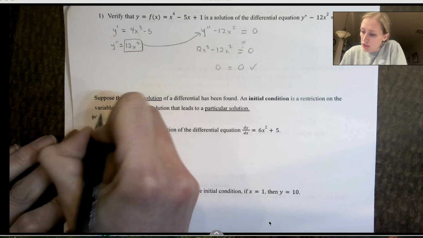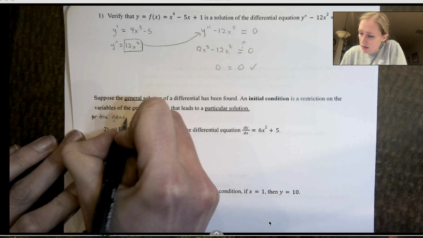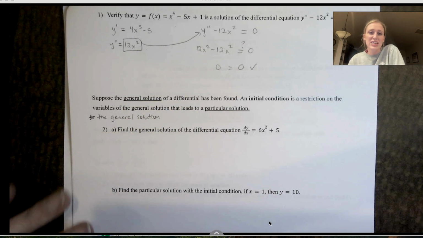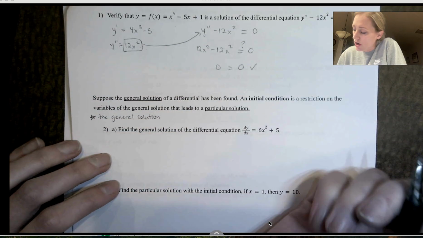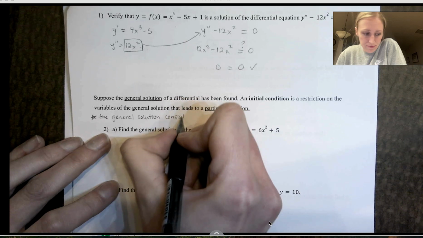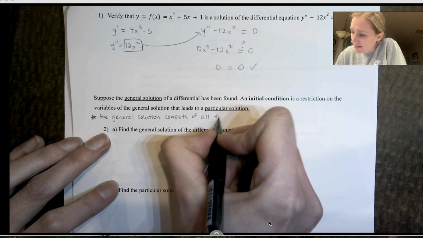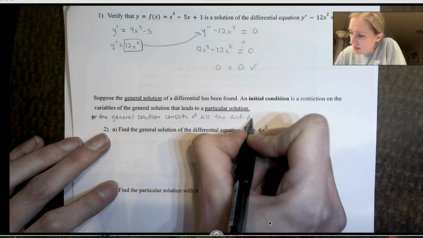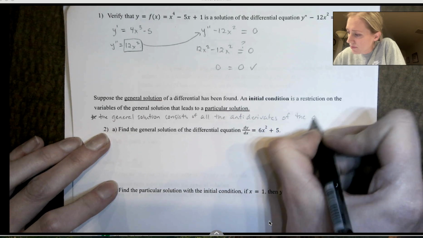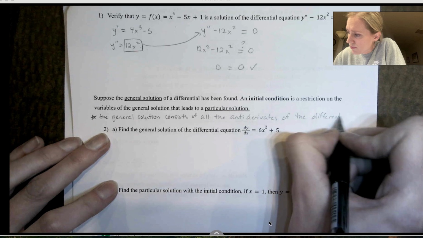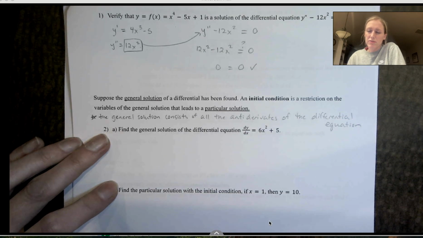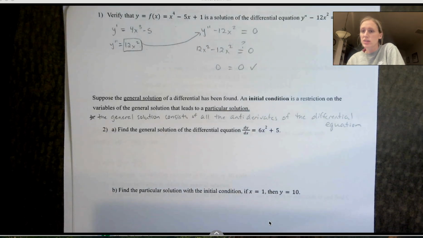So the general solution to a differential equation consists of all the antiderivatives of the differential equation. And when they say all, remember there's a family of antiderivatives. We indicate that with the plus c, right? Because c could be anything.